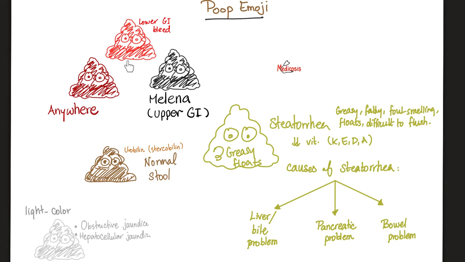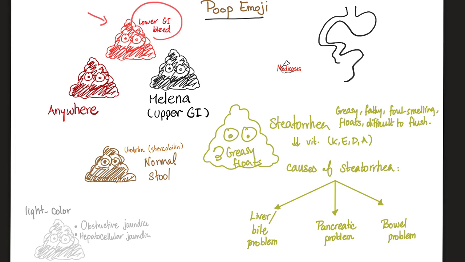But what if my stool is bright red like this? If it's bright red, it means there is probably bleeding in the lower GI tract. A classic example here will be hemorrhoids or piles. So when I say lower GI, what does that mean? Well, here is stomach, duodenum, jejunum, ileum, and then the colon. You see the duodenum? The last part is attached to something called the ligament of Treitz.